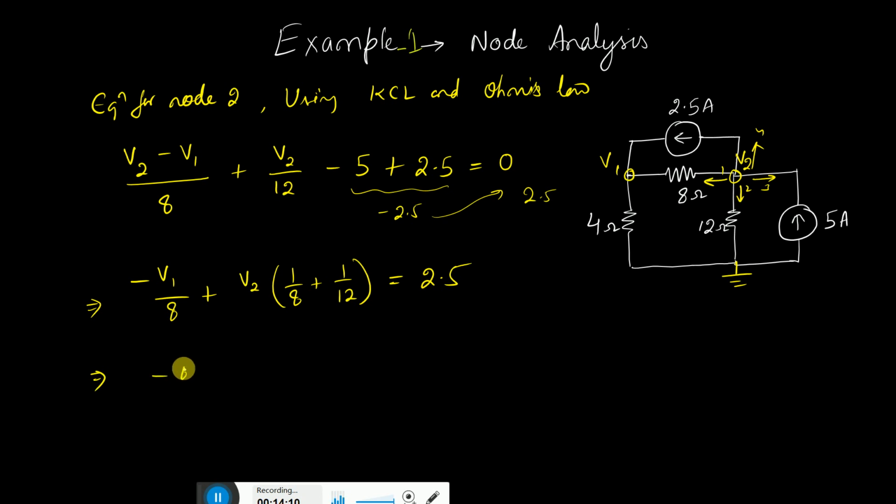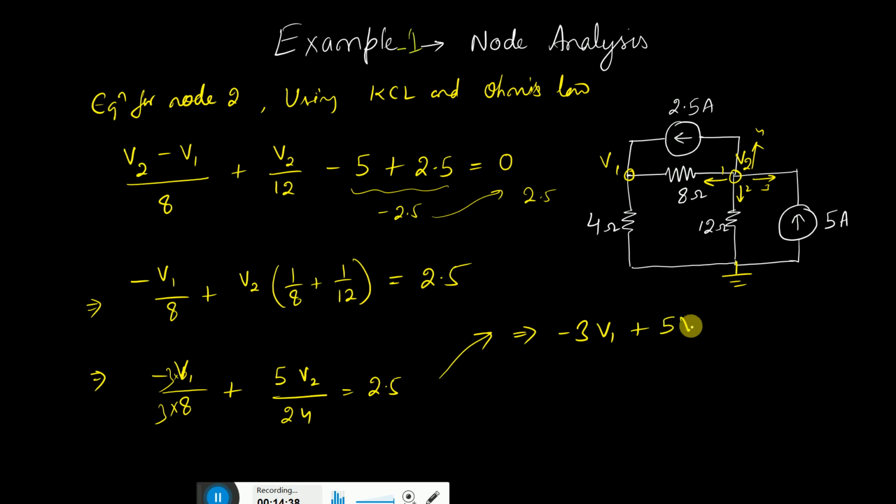This is minus V1 by 8 plus 5V2 by 24, the LCM of 12 and 8 being 24, and this equals 2.5. Finally we multiply by 24 and it becomes minus 3V1 plus 5V2 is equal to 60, because 24 into 2.5 equals 60. So we get the second equation done.